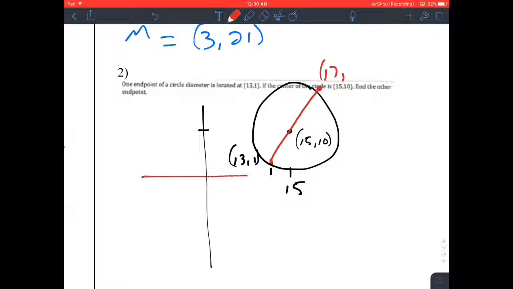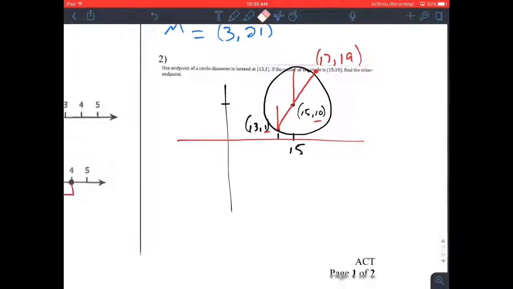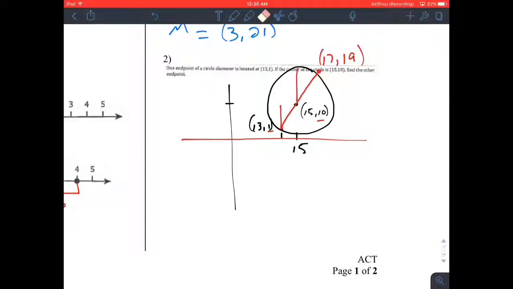If we do a similar thing to get from 1 to 10, it's the y values, you go up 9. So to get to 10 to this up here, you have to go up 9 more. That's going to be 19. So it's the ordered pair 17, 19. There's an algebraic way to do it as well, but it's not near as easy as that is.